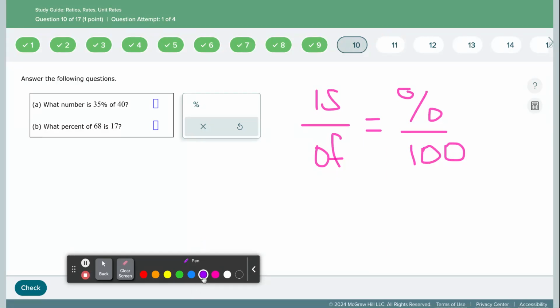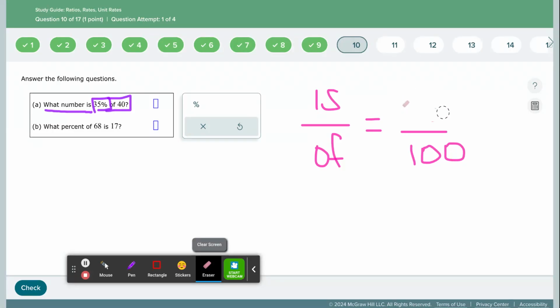Okay. So the first thing I notice, what number is 35% of 40? So I know for sure, I always say look for your percent because it's the easiest to find. I mean, it literally is the number that has a percent sign attached to it. So I'm going to put 35 there because that is obviously my percent.